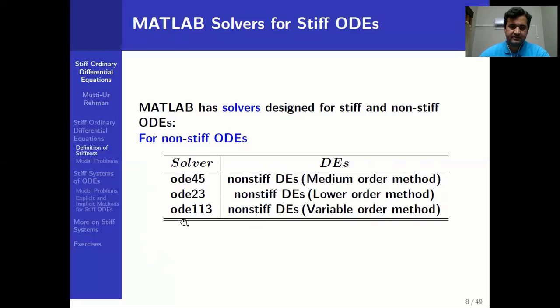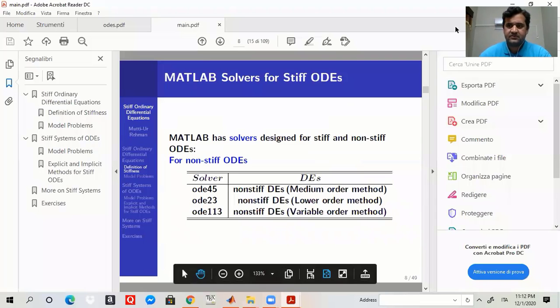Then of course it depends on which one is better. In normal practice, you can start with this, and if you're not happy with that, you can choose some other one. Okay, let me say a few words about these solvers.